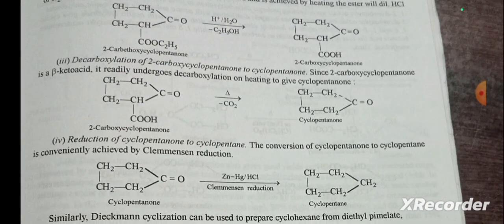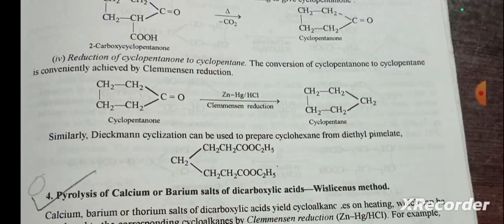Third, decarboxylation of 2-carboxycyclopentanone to cyclopentanone. Since the 2-carboxycyclopentanone is a beta-keto acid, it readily undergoes decarboxylation on heating to give cyclopentanone. Fourth, reduction of the cyclopentanone to cyclopentane.